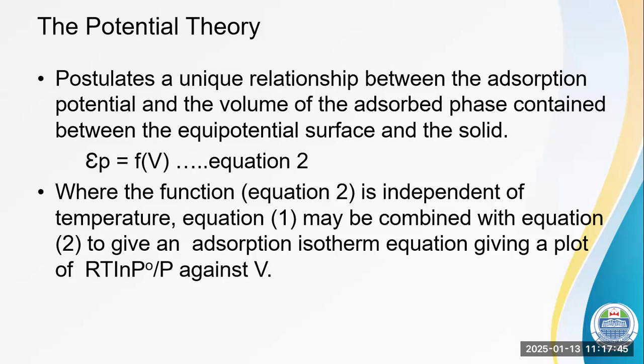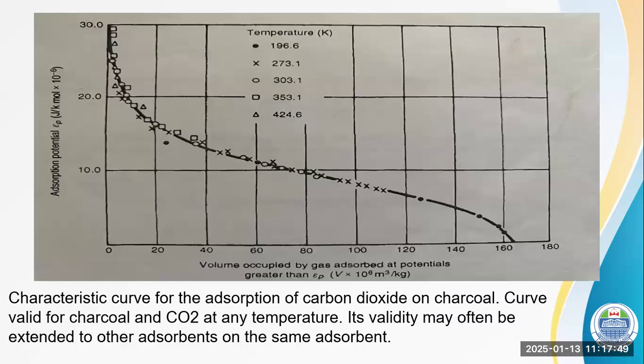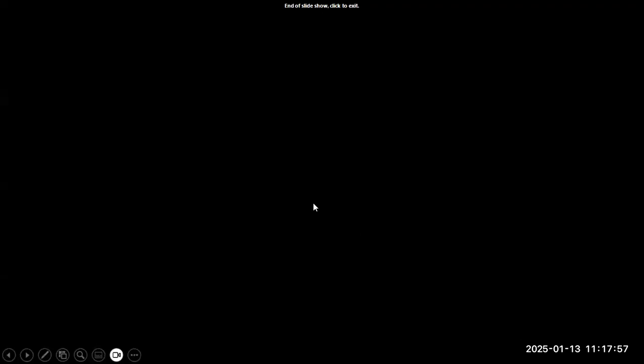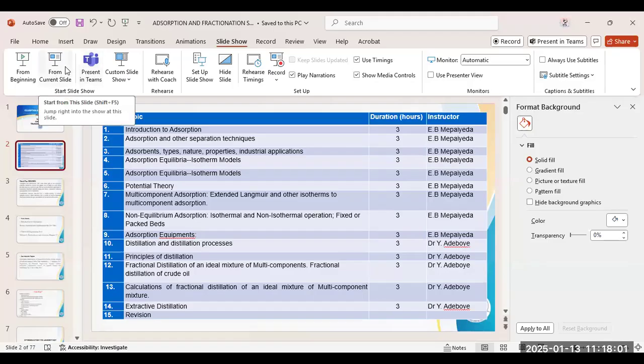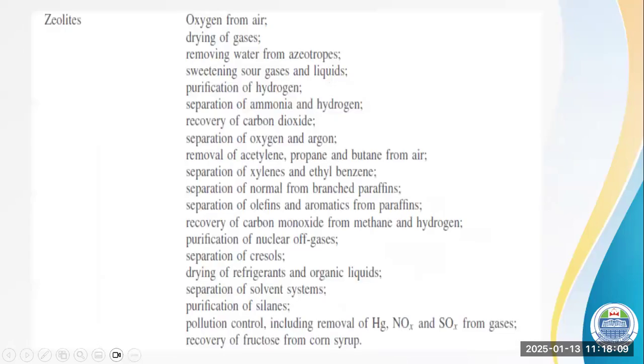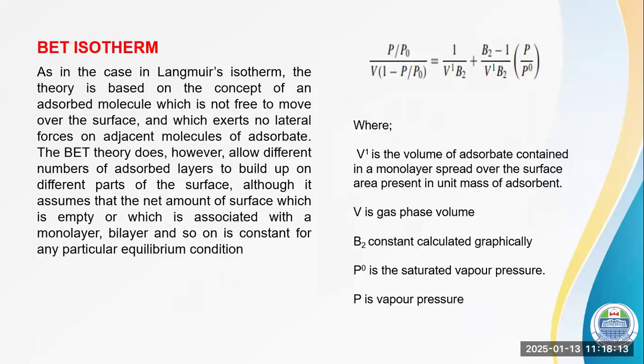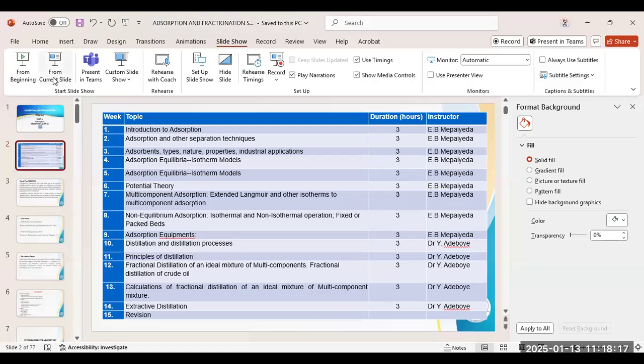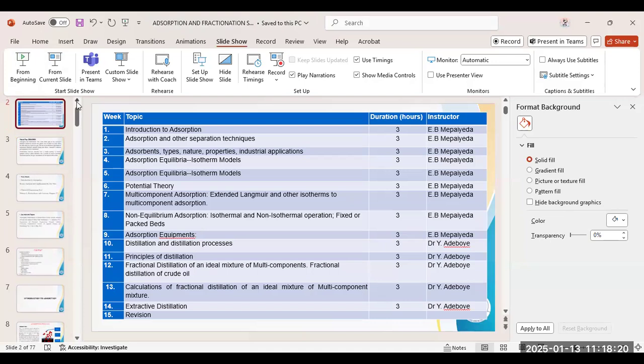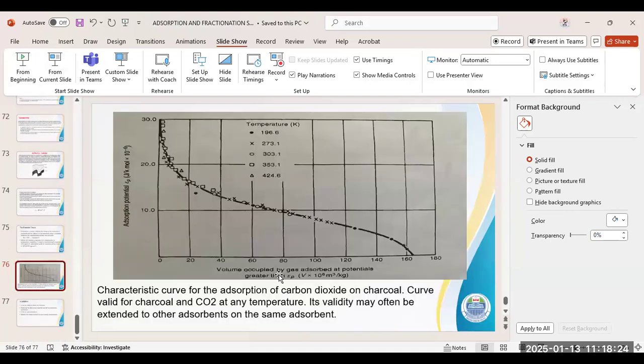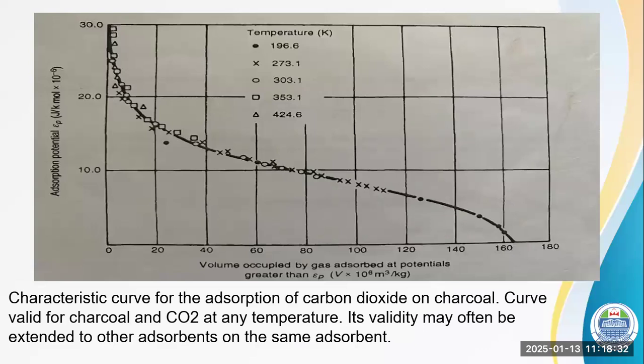You have this plot of RT ln P naught over P against V, where V is the volume occupied by gas adsorbed at potential greater than epsilon P. In this case, the volume is 10 raised to power 8 meter cube per kilogram.